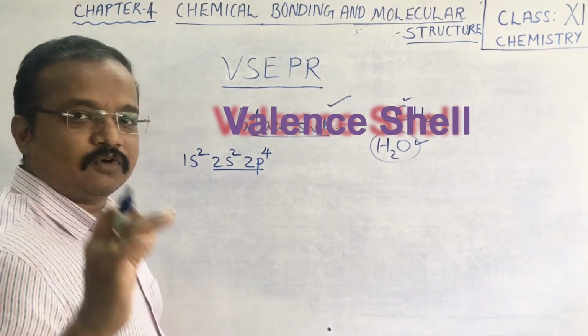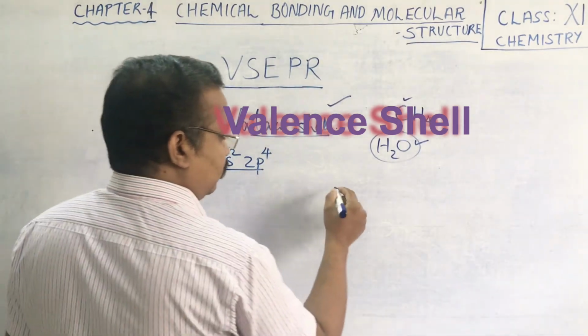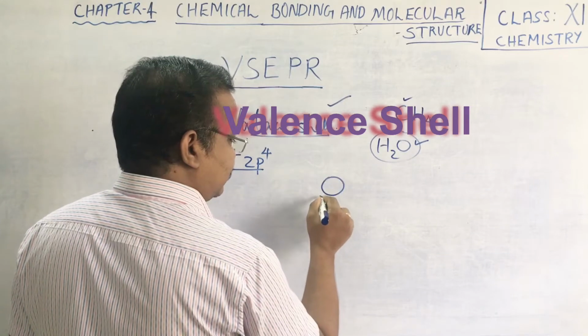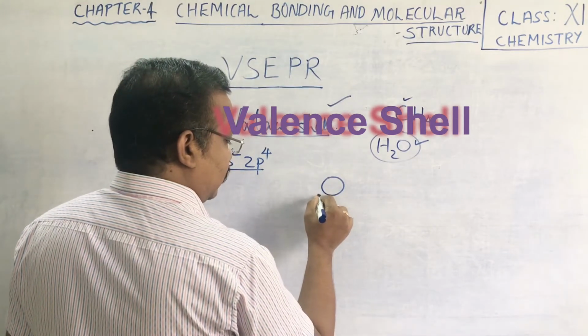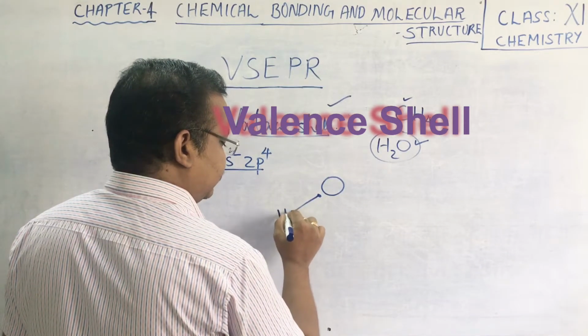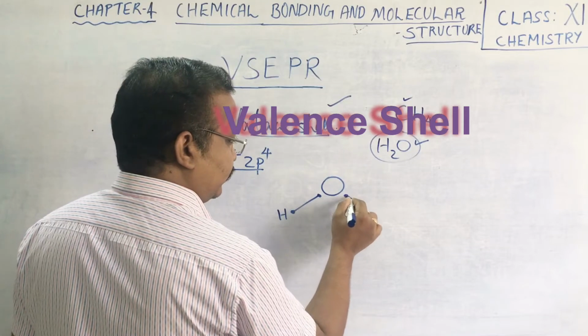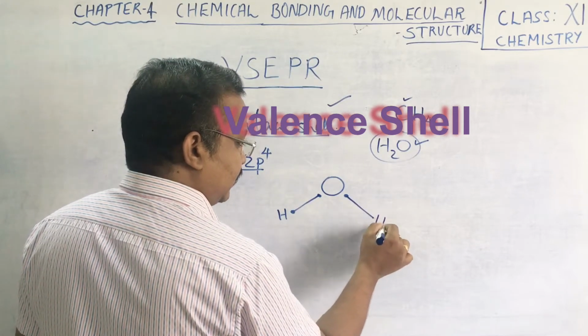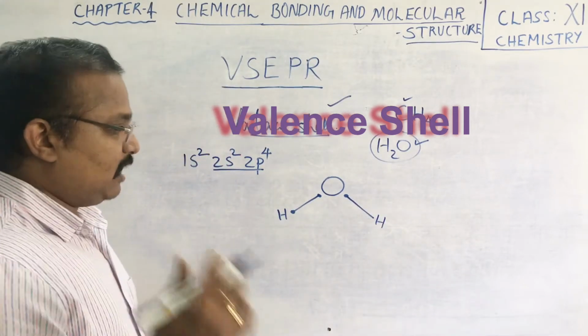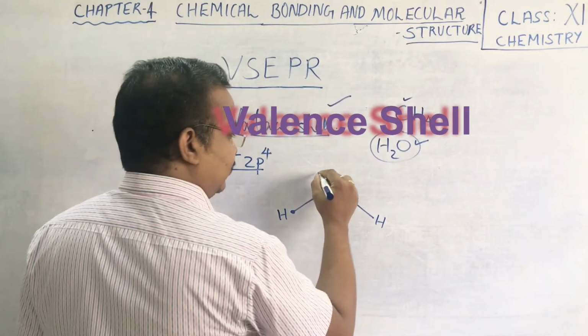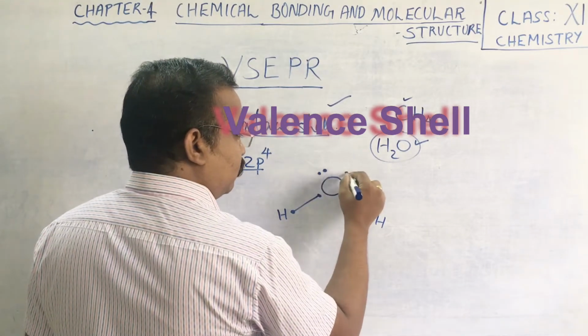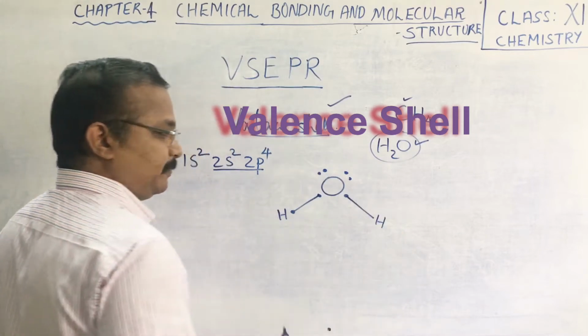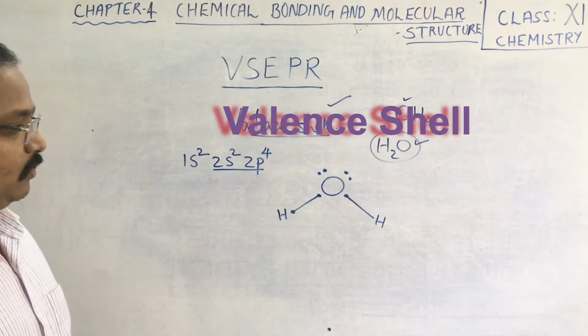In the case of the water molecule, the oxygen atom shares one electron with hydrogen and another electron with another hydrogen, right? After that, children, there are still 4 more electrons remaining.